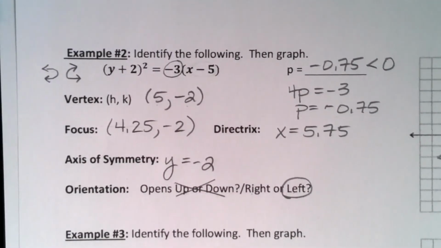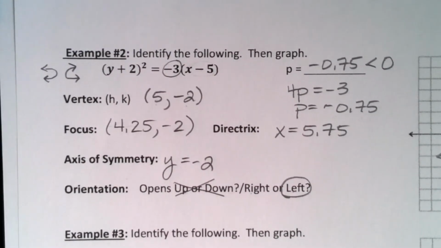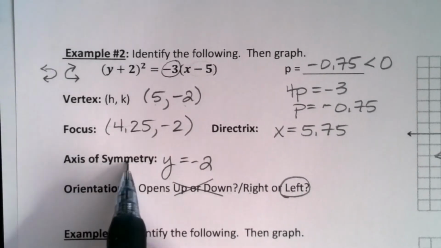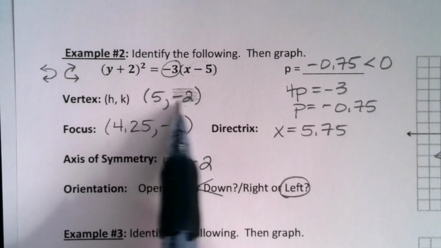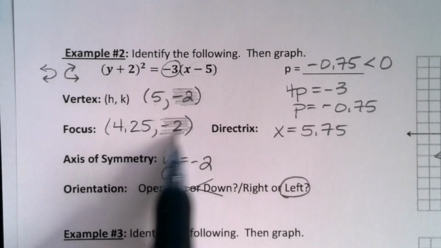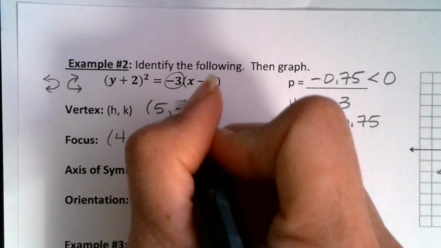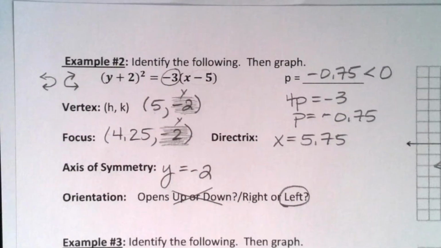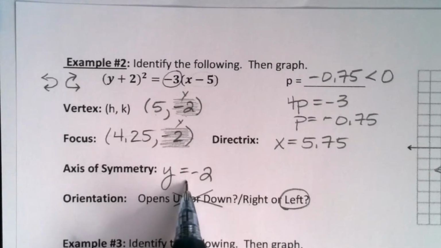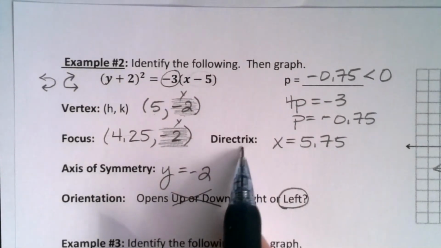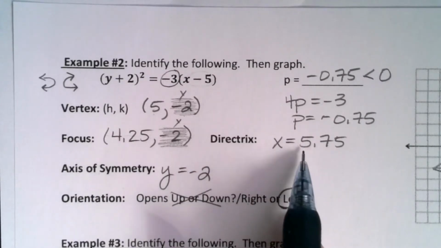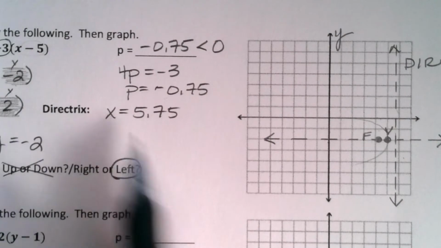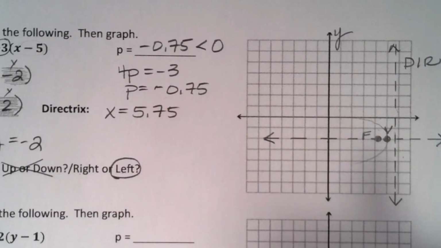One thing I do want to draw your attention to is the connection that if you recall the axis of symmetry intersects the vertex and the focus, you will notice that the equation of your axis of symmetry will always be where your coordinates match. So these are both in the y value, aren't they? So axis of symmetry is y equals negative 2. Your directrix is perpendicular to your axis of symmetry. So if this is a y equals equation, this has to be an x equals equation because they are perpendicular to one another. Okay, they form a 90-degree angle.